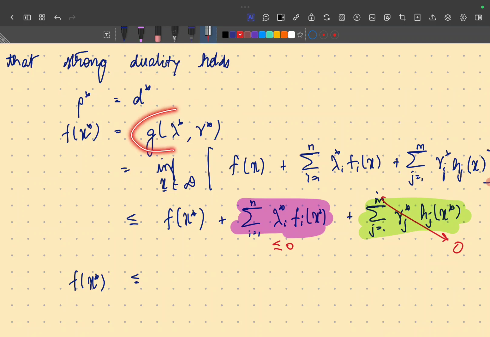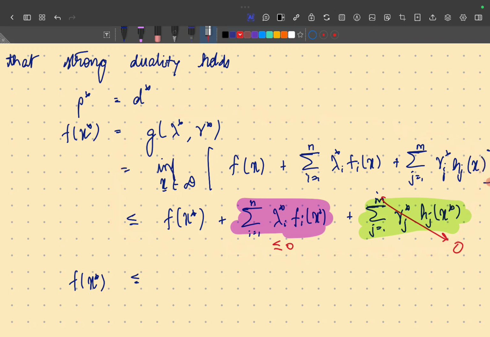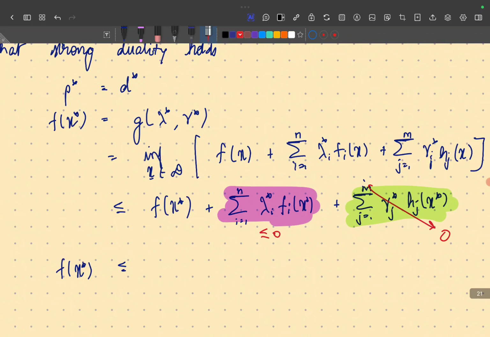That's the assumption. So obviously this is obtained by maximizing g of lambda comma nu over all possible lambda greater than or equal to 0 and nu in R^p, right? But at least for this line of arguments, that's not important. All that matters is that lambda is greater than or equal to 0 and nu is anything arbitrary. All right?